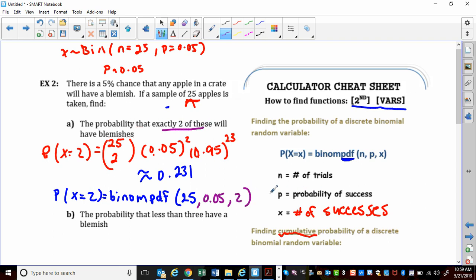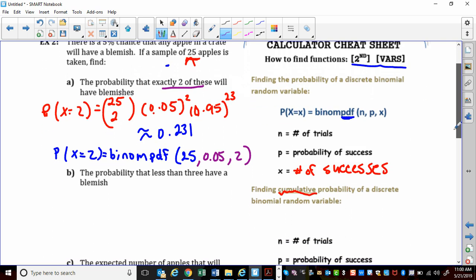And then close your parentheses or press enter. Then it's going to copy and paste it into the regular screen. You're going to press enter again, and it's going to give you the exact same answer, 0.2305, something like that. Alrighty.